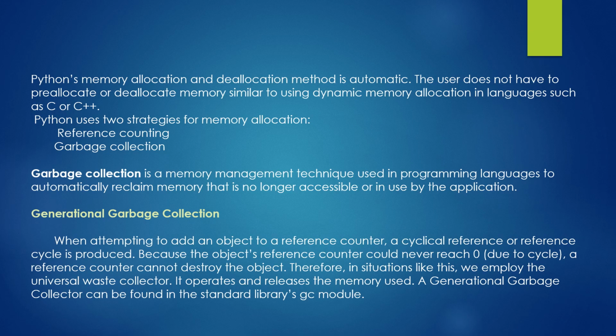Because the object's reference count would never reach zero, reference counting cannot destroy the object. Therefore, in situations like this, we employ the generational garbage collector. It operates and releases the memory used. The generational garbage collector can be found in the standard library gc module.